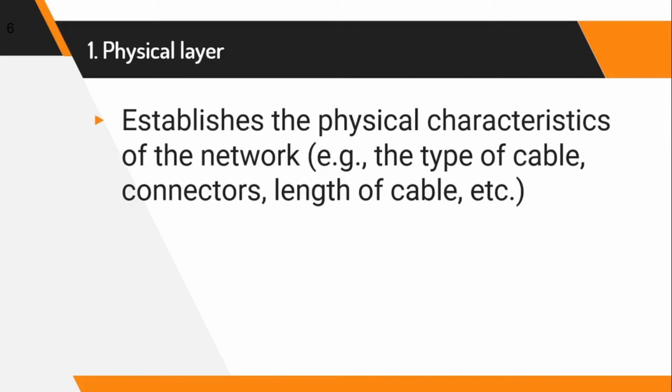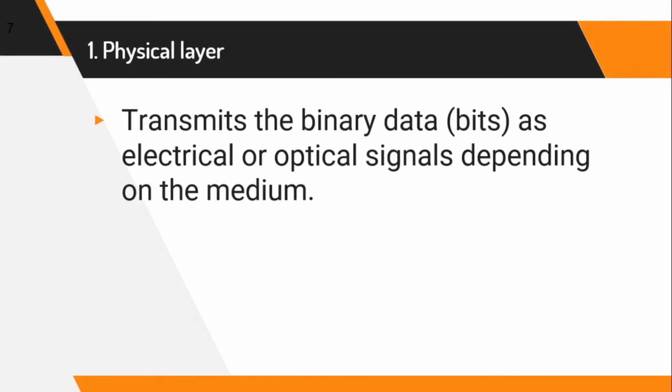This defines the electrical characteristics of the signals used to transmit the data, in terms of signal voltage swing, duration of voltages, etc. Physical layer also transmits the binary data or bits as electrical or optical signals depending on the medium.